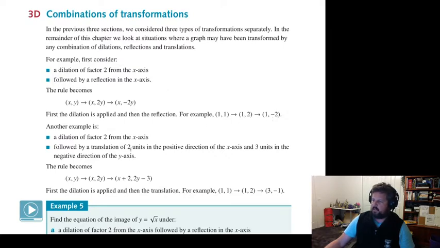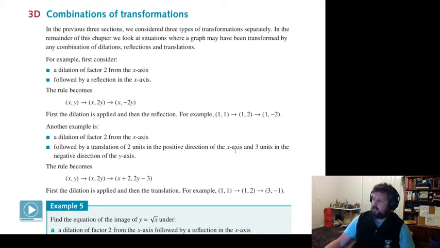Obviously there's another example here. Dilation of factor of 2 from the x-axis, same again. The y coordinate gets multiplied by 2, followed by a translation of 2 units in a positive direction of the x-axis. So obviously that means we're moving to the right, which means we're adding on 2 to the x coordinate, which we can see is being done in this step.